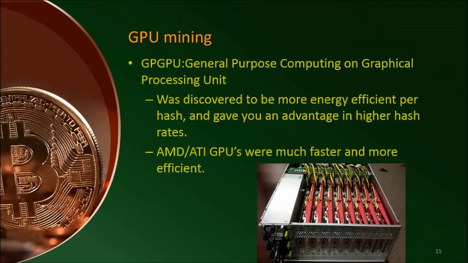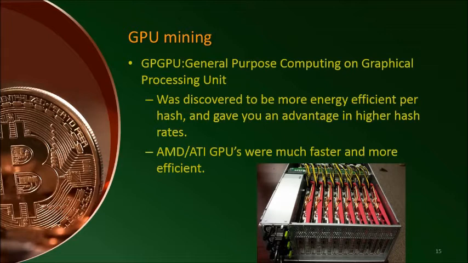So, GPU mining. General-purpose computing on graphics processing units was discovered to be more energy efficient per hash and gives you an advantage with a higher hash rate. AMD ATI GPUs were much faster and more efficient in 2017.